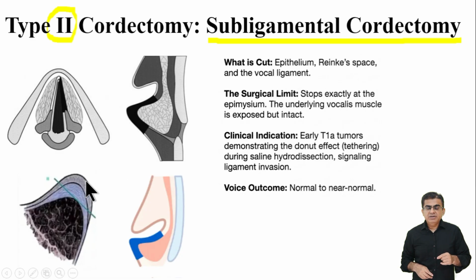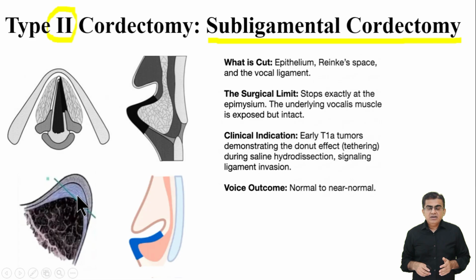See here in these images. Squamous epithelium, the jelly-like Reinke's space, and the deep connective tissue of the vocal ligament. But you must pay very close attention to your absolute surgical limit.